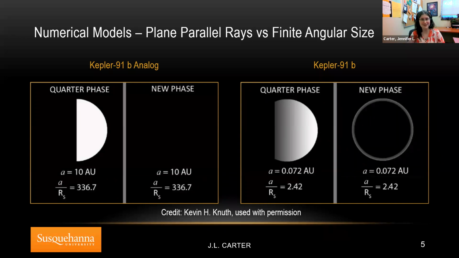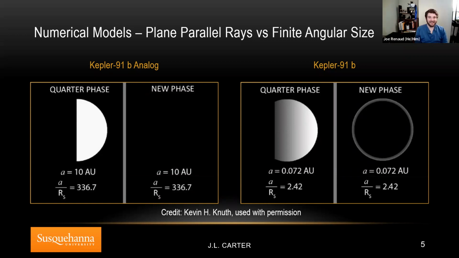As far as numbers like percent error, I'm not sure, but maybe with this numerical model already put together, we could get a rough estimate, at least for Kepler-91b. I might have to email Kevin Knuth. Yeah, that would just be really, really interesting to get any of that.